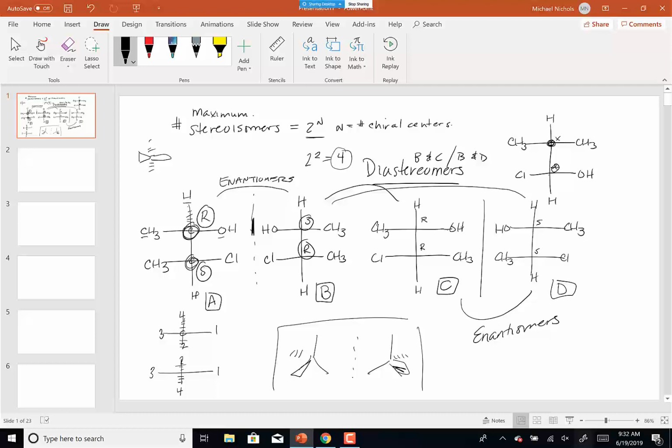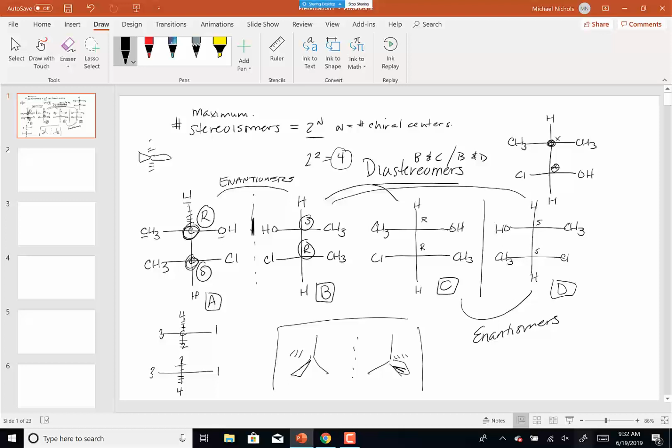C and D. So is everybody okay with those practical definitions? You can say at least one chiral center is the same, at least one opposite for diastereomers, but for enantiomers, every single chiral center has to be opposite.